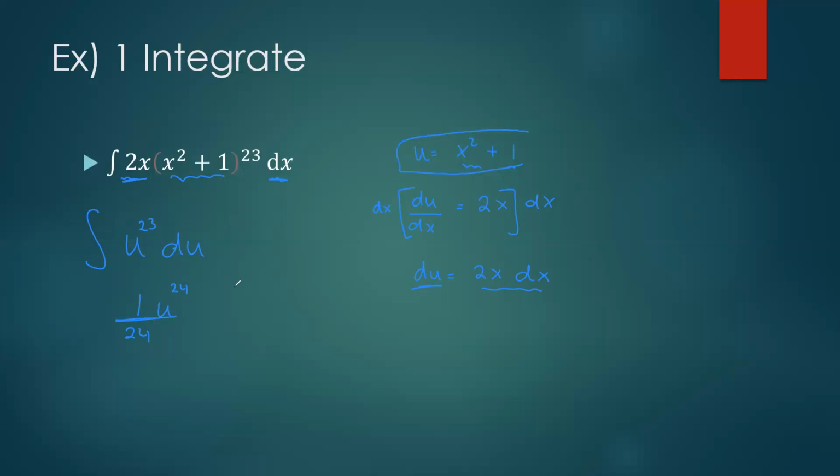And then don't forget the plus c, because we have no boundaries. Finally, you can replace u with x squared plus 1. So your final answer would be 1 over 24, parentheses, x squared plus 1, raised to the 24, plus c.